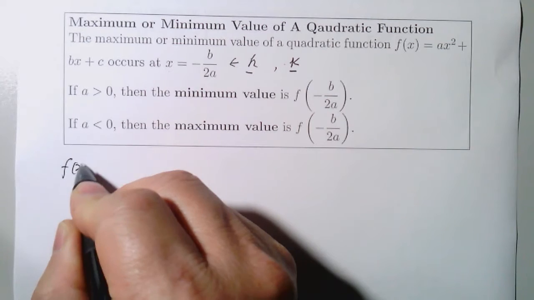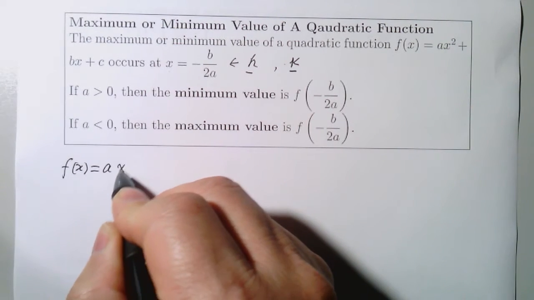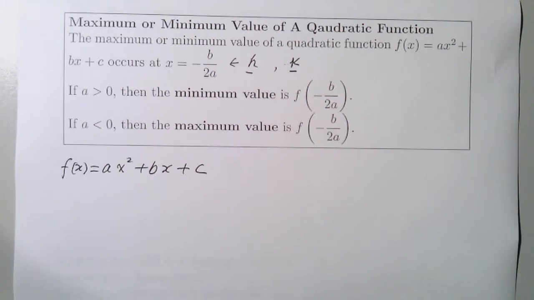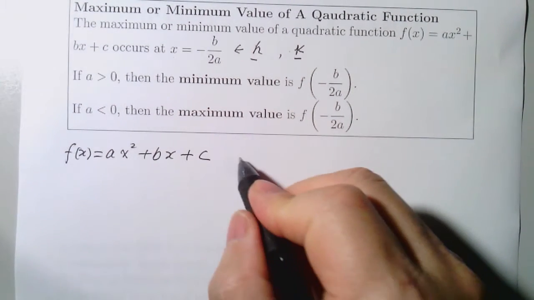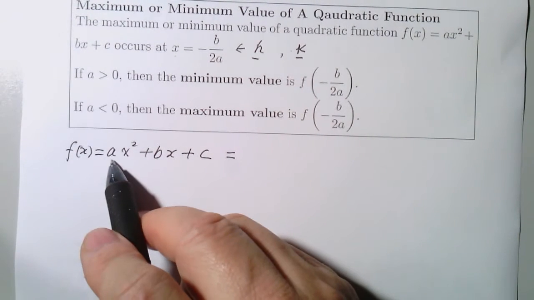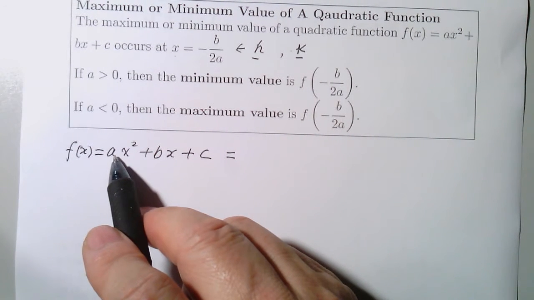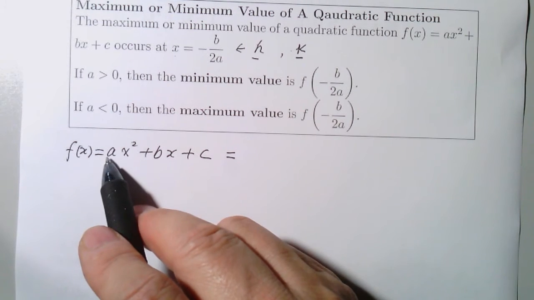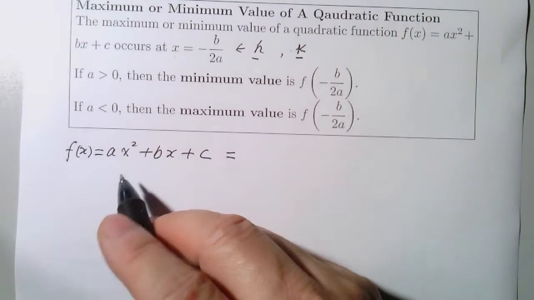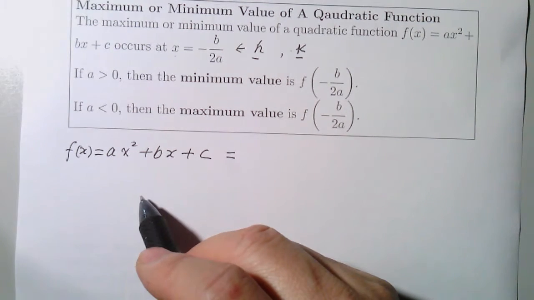f(x) equals ax squared plus bx plus c, and this can be written as the following. As always, we factor the a out of these two terms because we want to make the leading coefficient 1.